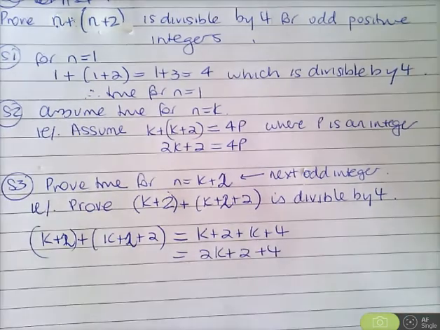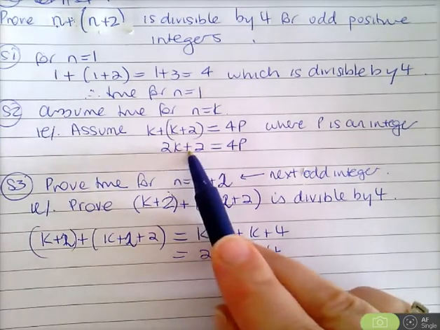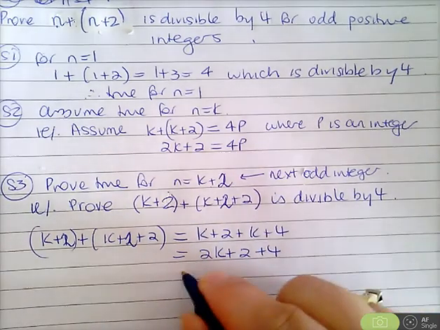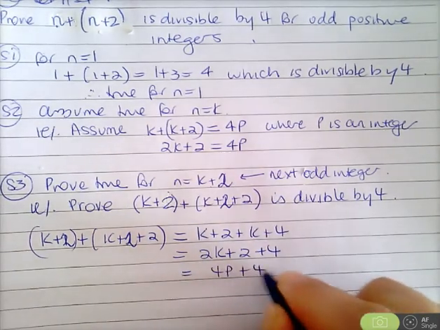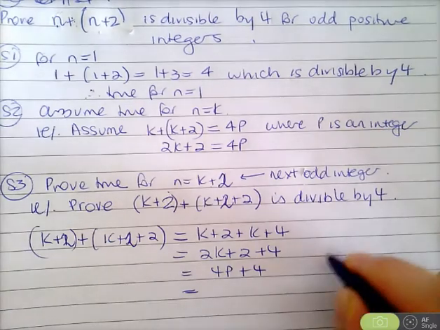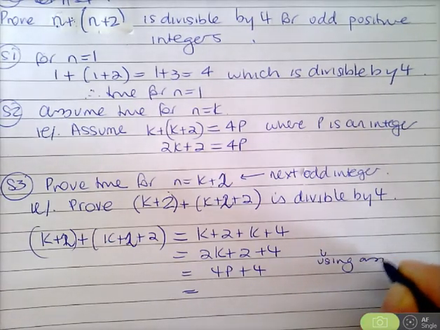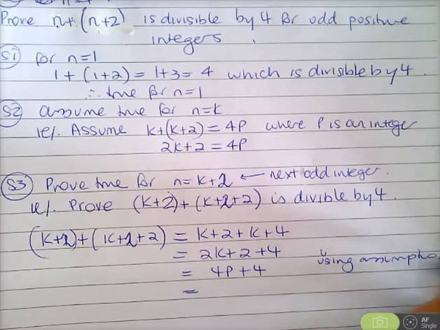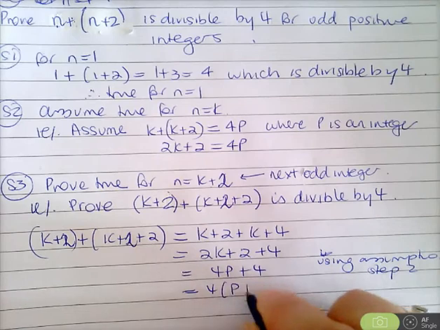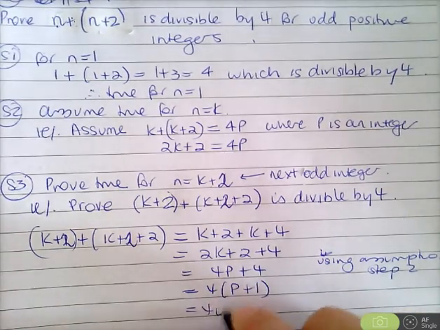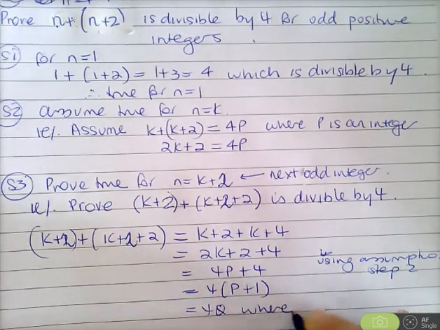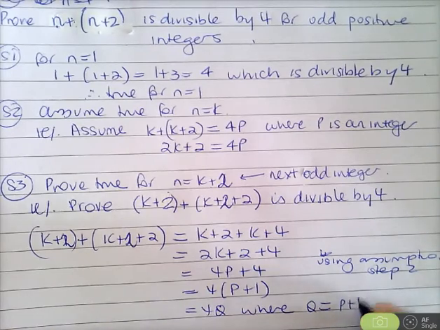I'm keeping it like that because I can replace the 2k plus 2 with 4p plus 4, using the assumption from step 2, which is 4 bracket p plus 1, which is 4 times q, where q equals p plus 1, which is an integer.